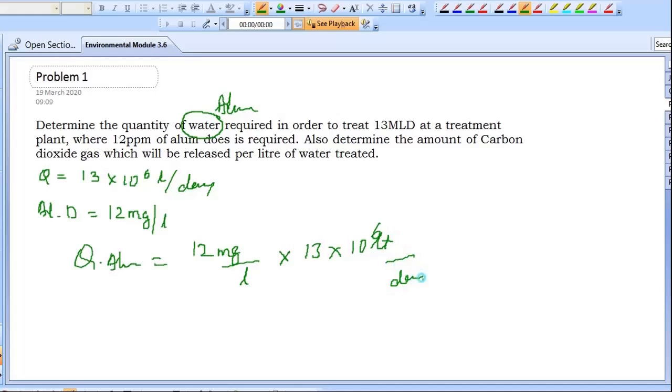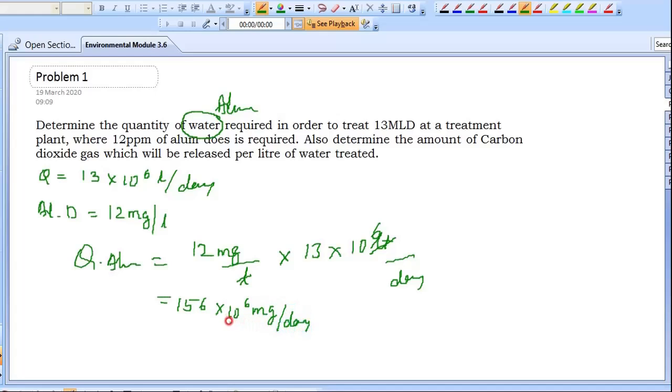Then this liter and this liter cancel. Then you will get 13 into 12 into 10 raised to 6. Then you are going to get 156 into 10 raised to 6 mg per day.